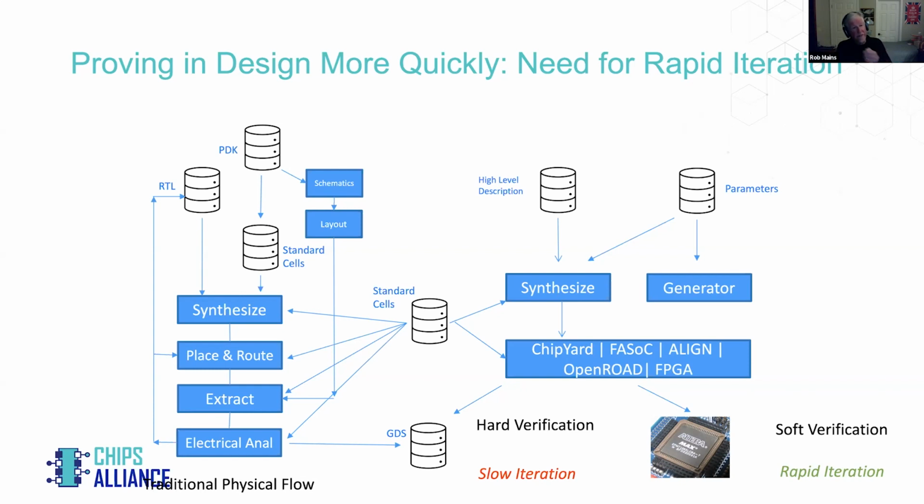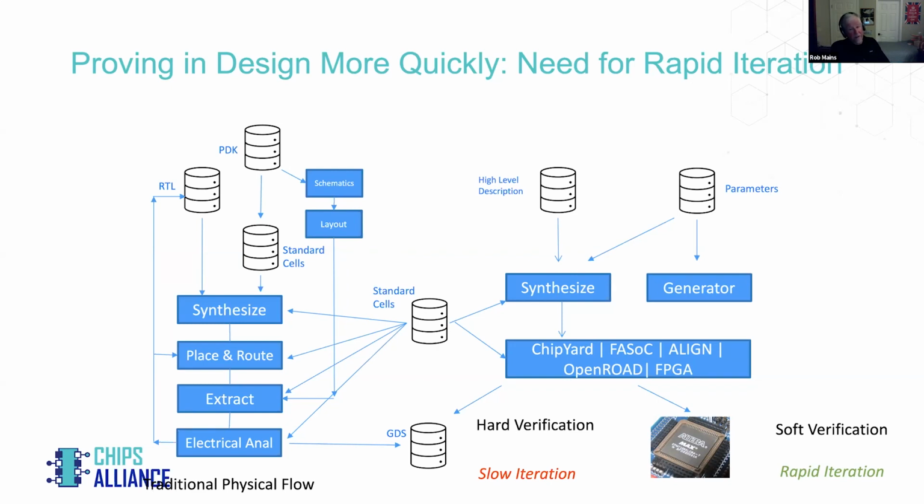It goes through synthesis, place and route, logic or physical extraction, which is the delays associated with each of those, and then through different types of electrical analysis. So this process will iterate a number of times until you get to the point where the design is electrically and physically correct. And that will then have GDS, which is a physical design description of it that gets sent to manufacturing. Similarly, at the same time, in parallel, the design language description will be synthesized and will then be placed into different types of simulators for functional verification.